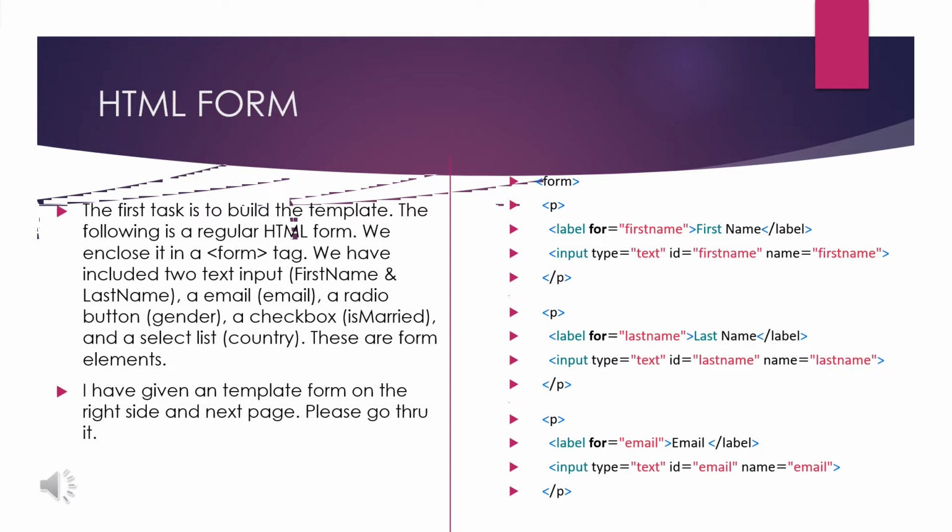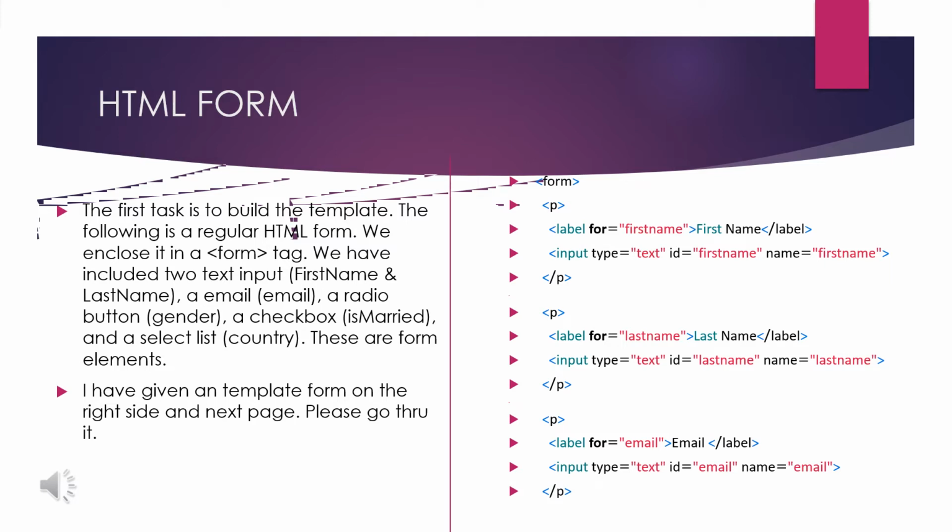The third one is email, and then a radio button, mainly for gender, and we have a checkbox for married condition, and a select list. This list contains countries, some 3 to 4 countries are given. Based on the selection, that will be given as the output.